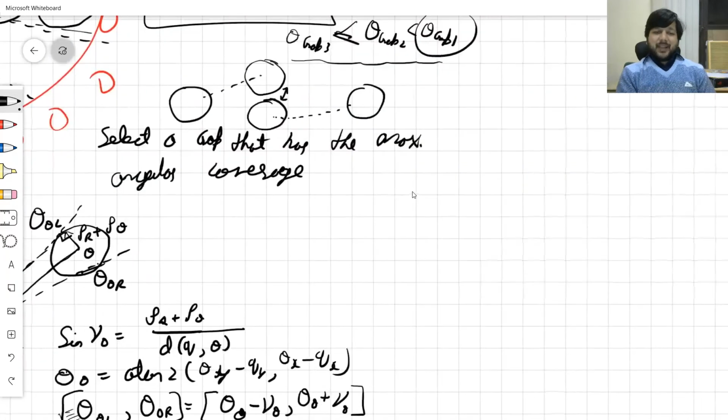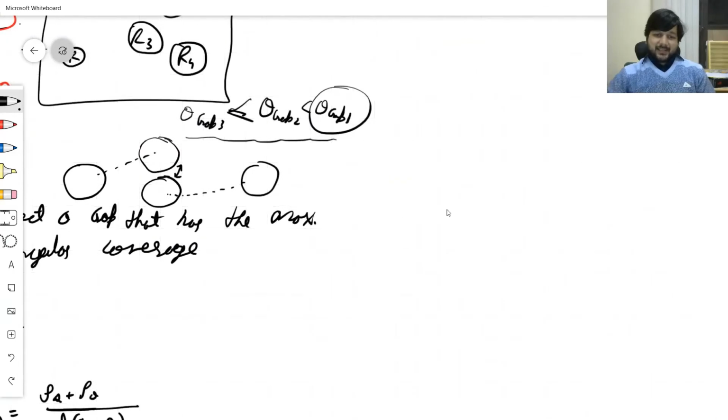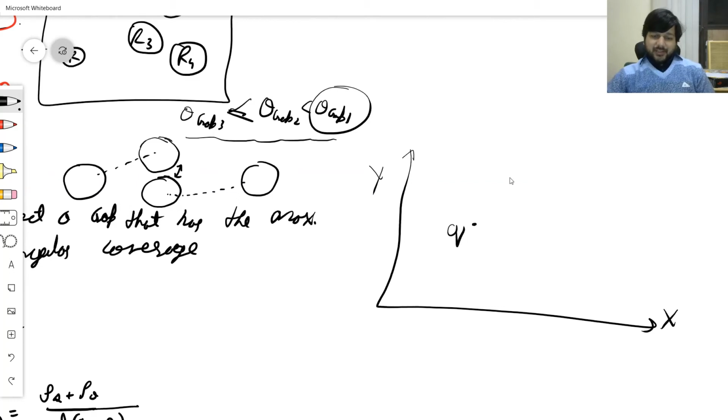So this problem can now be stated as, I've got my agent over here, and there is a gap, which is gap 1, which is bounded by this. So for some O1 it will be the R, and for some O2 it will be the left.